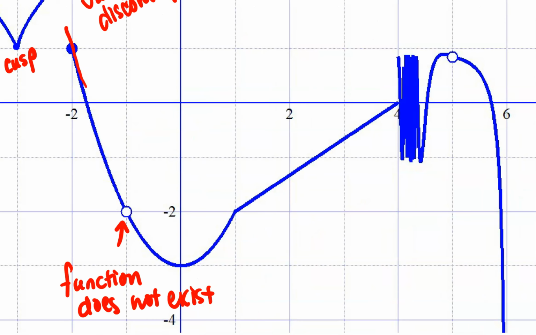Our next point of interest is here at x equals 1. Notice that we have a corner here.